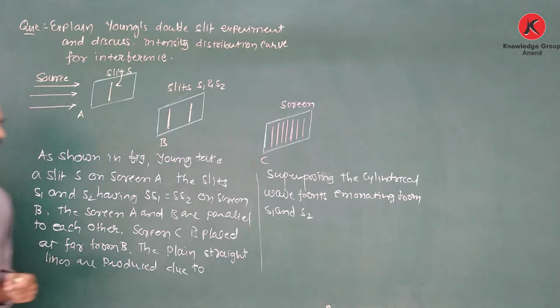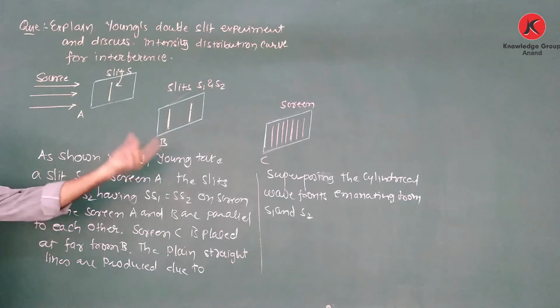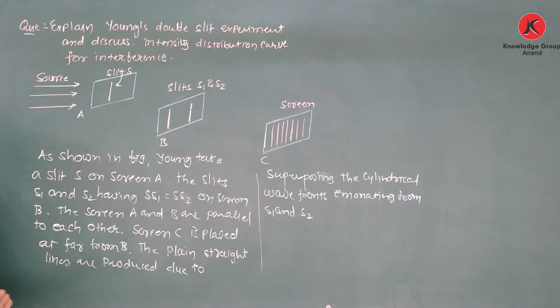So this way the interference pattern is formed in Young's double slit experiment.